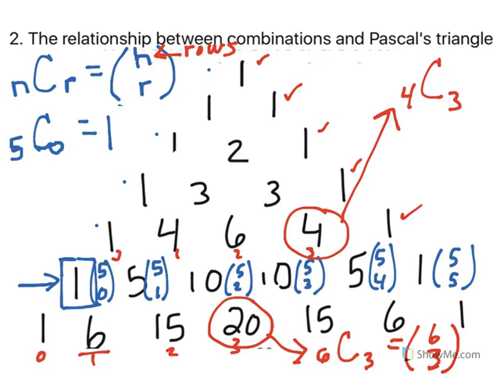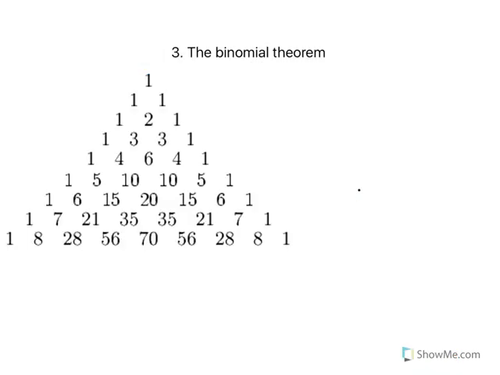We are now going to need to use the combinations for the binomial theorem. So that's the last part of this lesson. Okay, so now here's the binomial theorem. The first row, remember, means row 0.